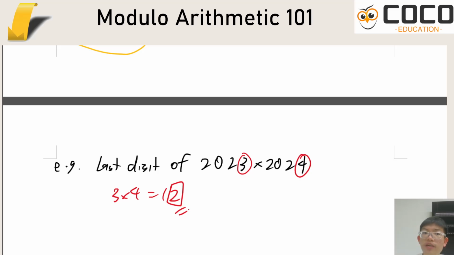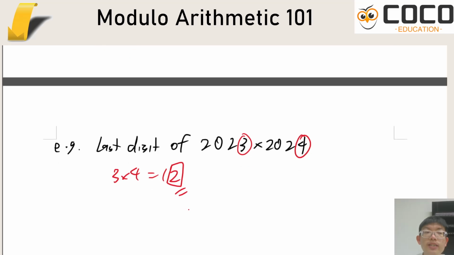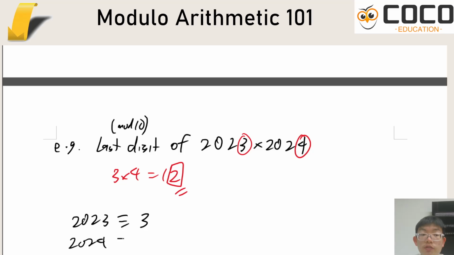Now, in modulo arithmetic terms, what this is saying is that you can make a one-to-one replacement, because I'm looking at mod 10. 2023 can be replaced by 3, and 2024 can be replaced by 4, because they are the same thing if all I care about is which cluster a number belongs to.